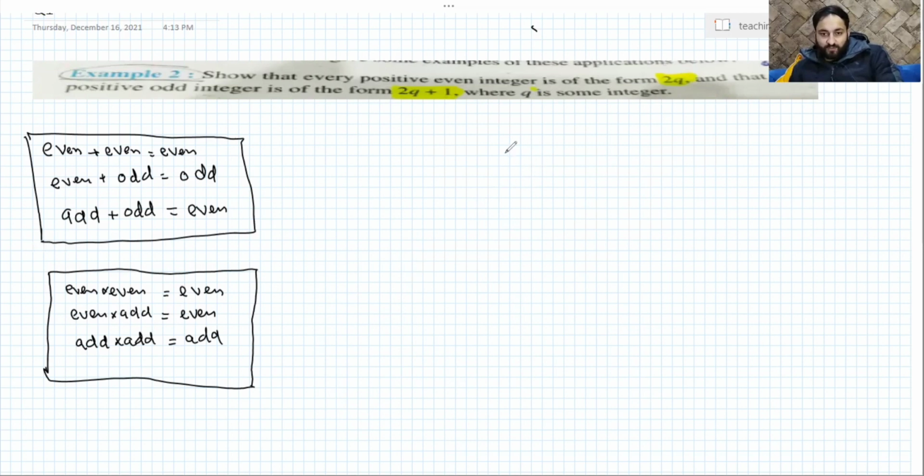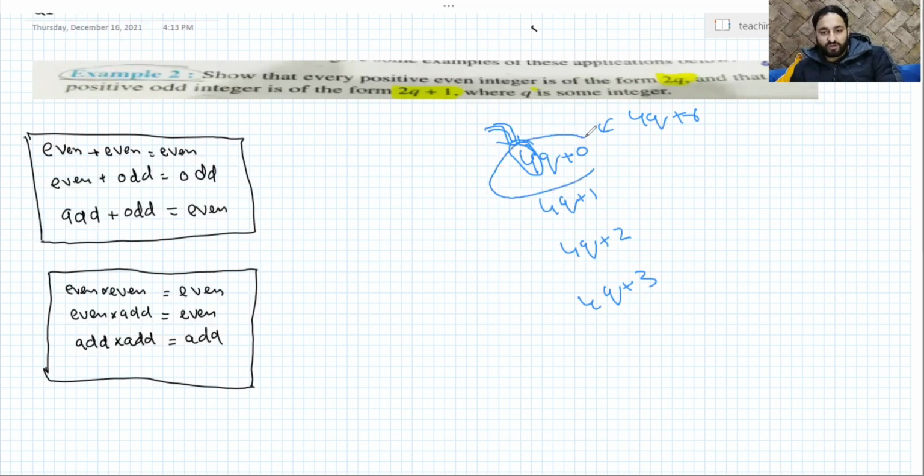Suppose we have, let's try to understand with the previous example, 4q plus 0, 4q plus 1, 4q plus 2, 4q plus 3. Its generalized equation is 4q plus r. Now, if this part is even, you are going to be sure whether the result will be even or odd.